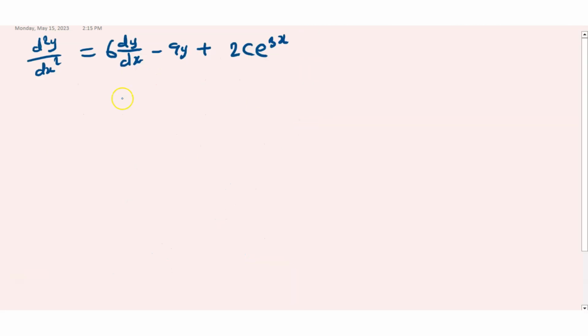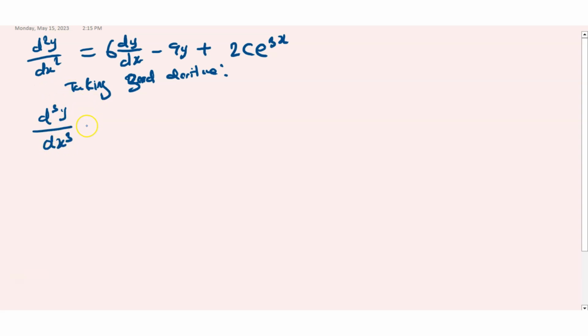Now what do we have next here? How do we proceed? Well, just like before, we take the derivative again. Taking the third derivative will give us d cubed y over dx cubed.